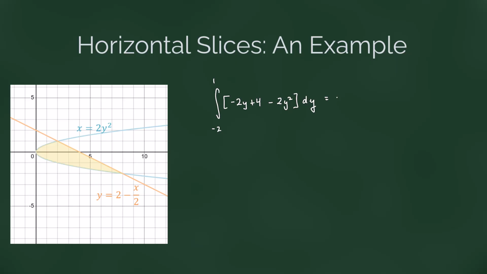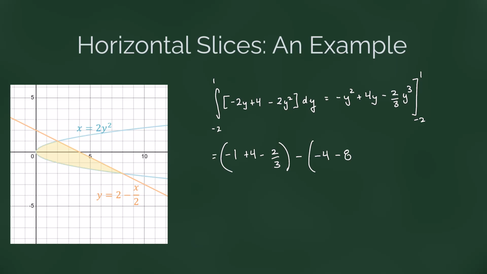Taking antiderivatives, we get that this is negative y squared plus 4y minus 2/3 of y cubed, evaluated from negative 2 to 1. Plugging in 1 yields negative 1 plus 4 minus 2/3. Subtracting what we get when we plug in negative 2, which is negative 4 minus 8 minus 2/3 times negative 8.